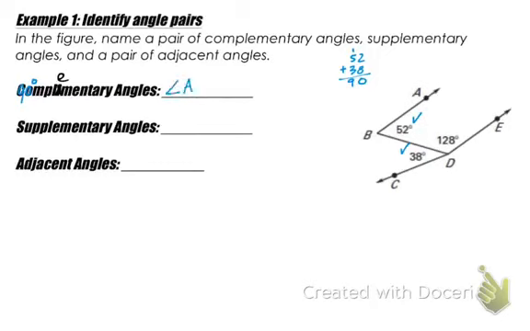So let's go with angle ABD, and we started from this point to identify this specific angle where the vertex is in the middle. And the complementary to that angle would be angle CDB. And notice how the vertex is in the middle of our label. So angle CDB. These two angles are complementary.